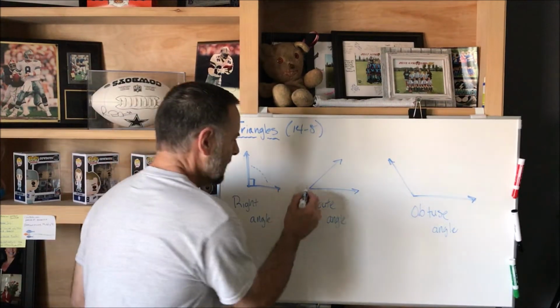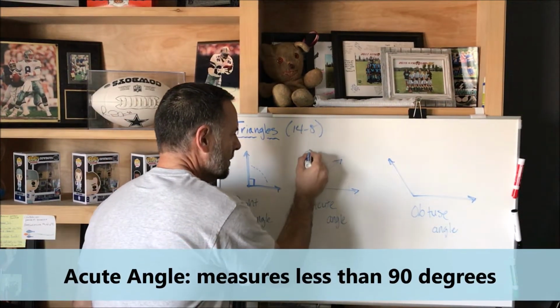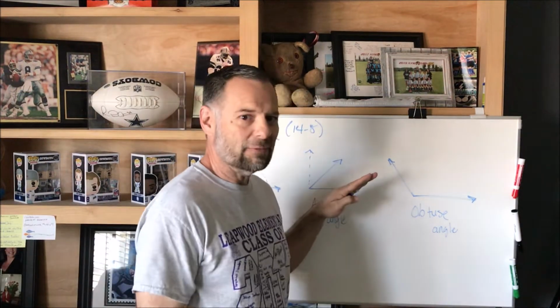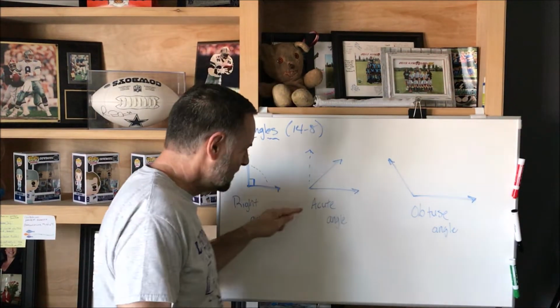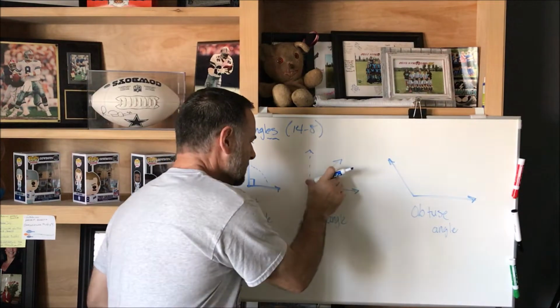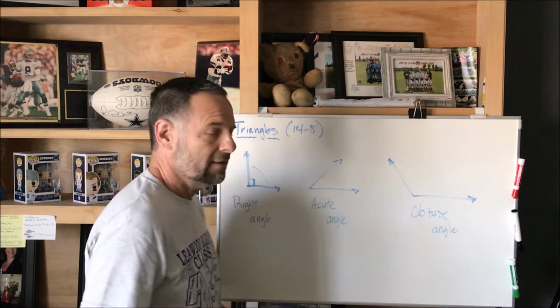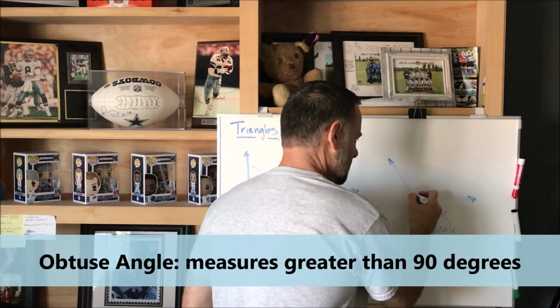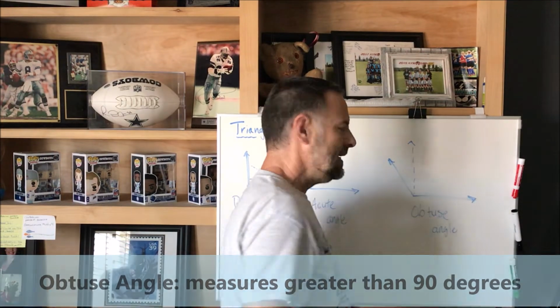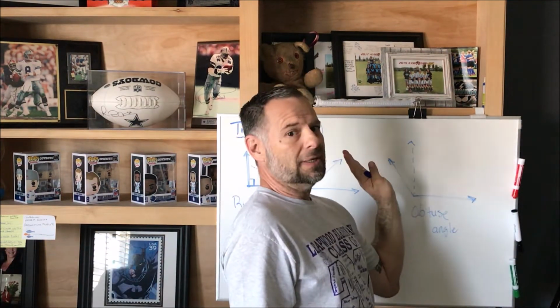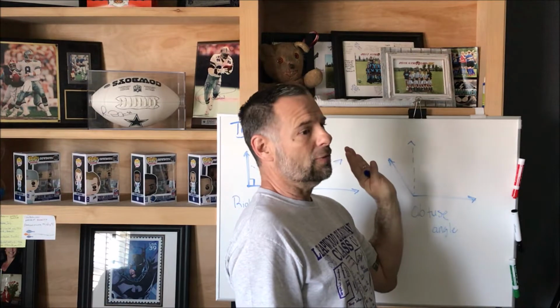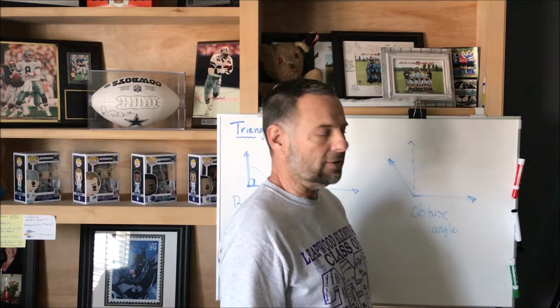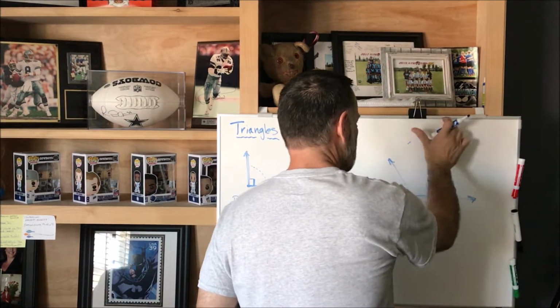Any angle that's less than that right angle is an acute angle. Any angle that's greater than 90 degrees, greater than that right angle, is an obtuse angle. No problem. That's all review.